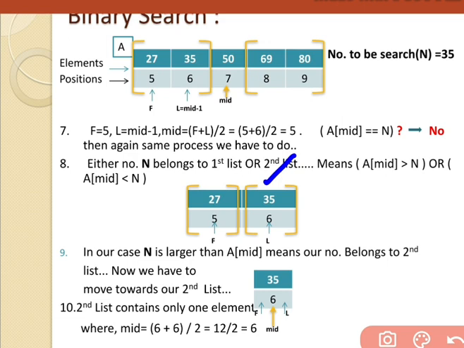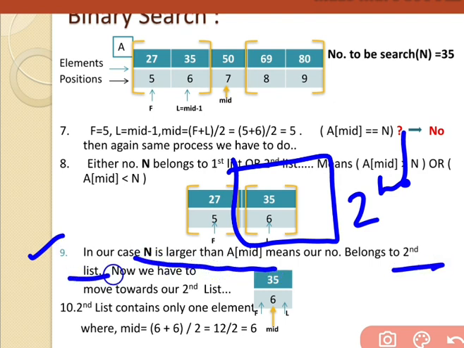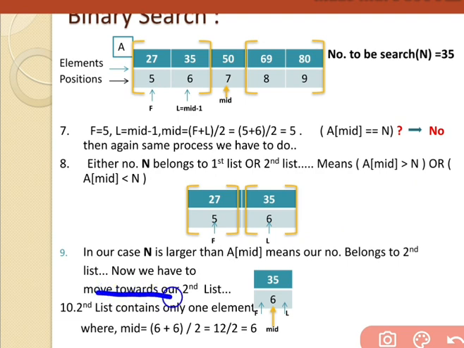Now this part never works for us. We have to go toward this part, meaning we have to focus on the second list. In our case, n is larger, so it belongs to the second list, and we move towards the second list only.